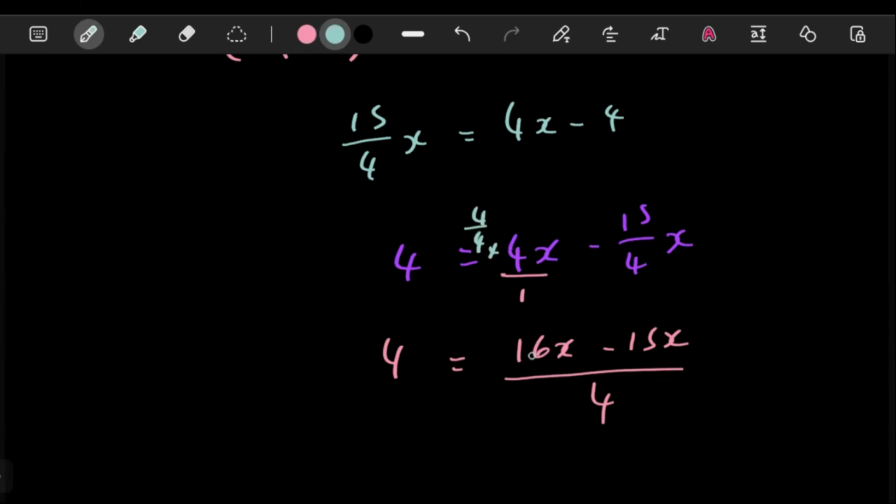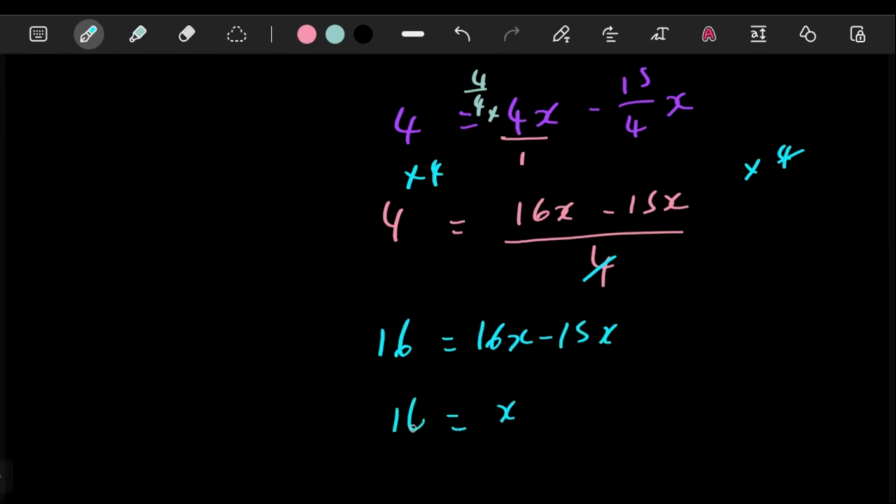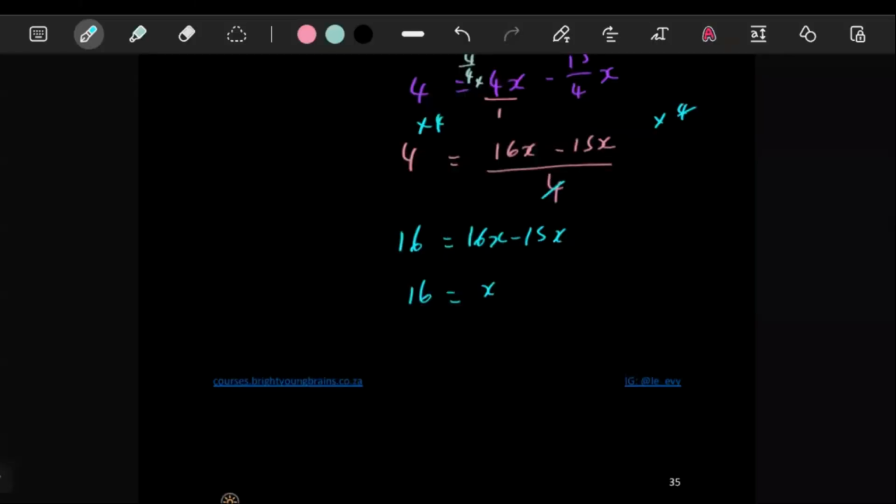Because the top is going to be 16. And now we can just say multiplied by 4 on both sides. This cancels out here. 16 is equal to 16x minus 15x. This is like x is equal to 16. So the final answer is 16.